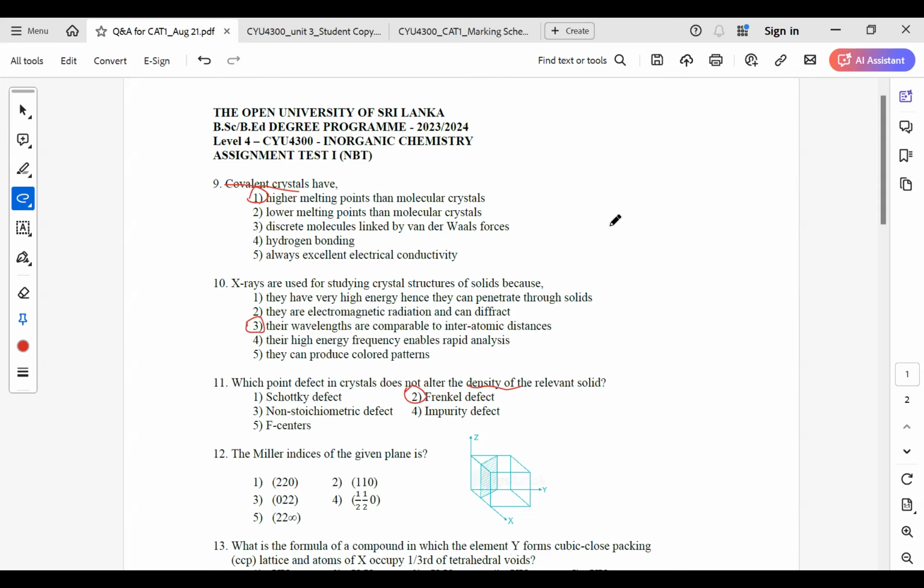Because of that, the density is altered. Density is mass divided by volume, so you understand why it is going to affect.